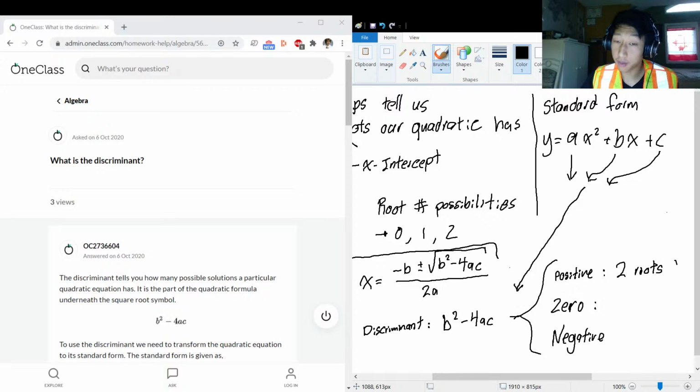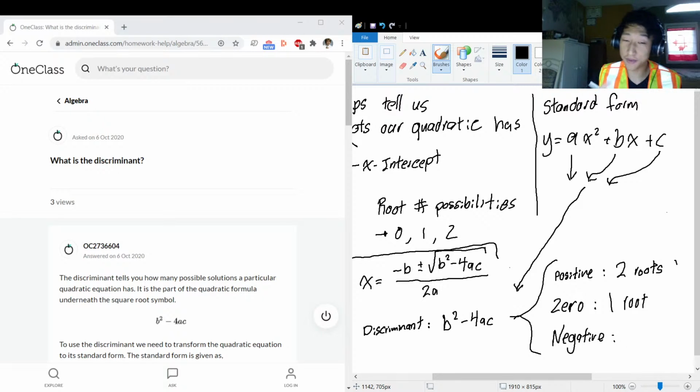If this is exactly 0, we're going to have 1 root. Oops, I'm going to rewrite root because that kind of looks like riot, which is absolutely not the same thing. Stay close to your roots. If we got a 0, that's 1 root. And if we got negative, no real roots.